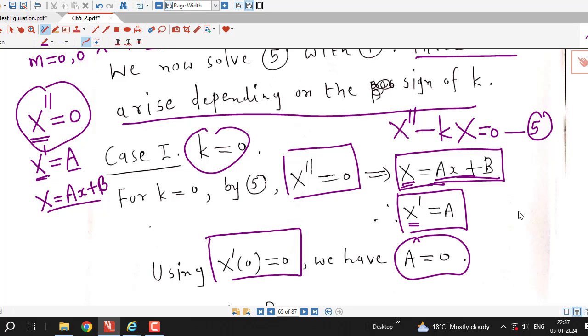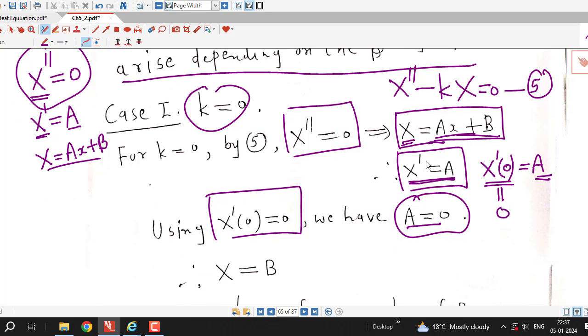If I take x equal to 0 here, left hand side is x dash at any point. So x dash 0 is given to be 0. If we take x equal to 0 in this equation, x dash 0 equal to A. But x dash 0 is given to be 0, therefore capital A equal to 0. And if I take capital A equal to 0, here I will have capital X equal to b.